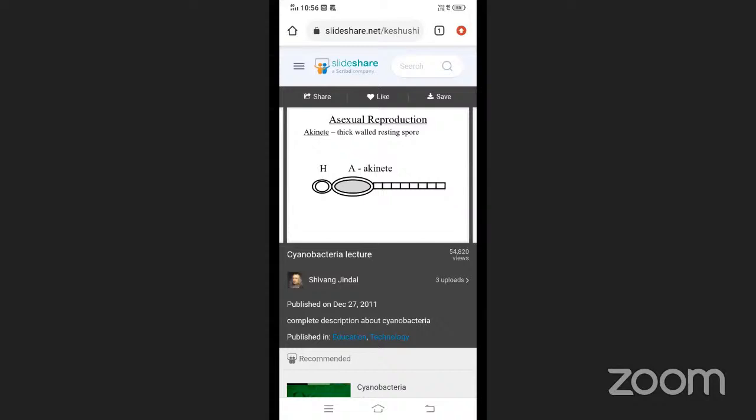Unfavorable conditions means dot areas or alkaline nature or acidity nature. To resist unfavorable conditions, the actinides are formed.